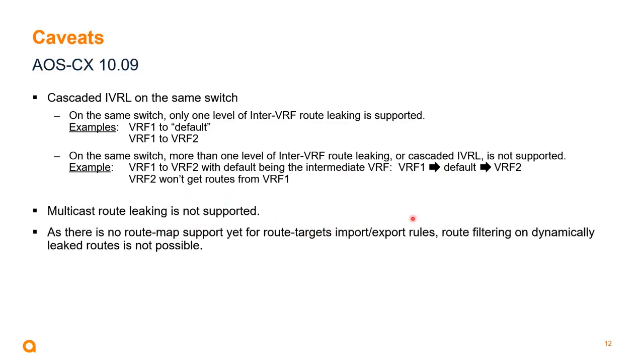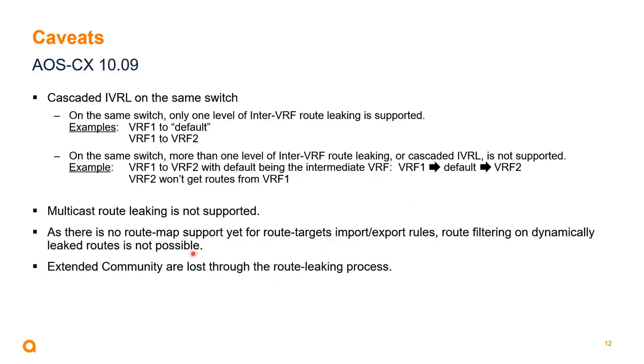There is no route map support yet for route targets inside the import and export rules. Due to that reason, there is no route filtering capability for dynamically leaked routes. So that is also something that we have to take into consideration.